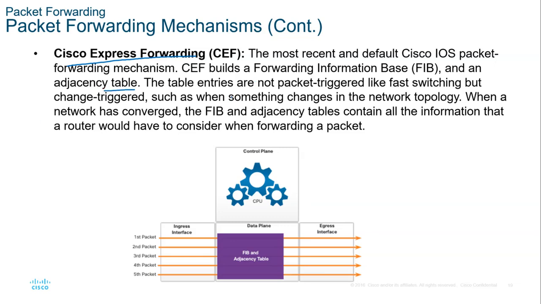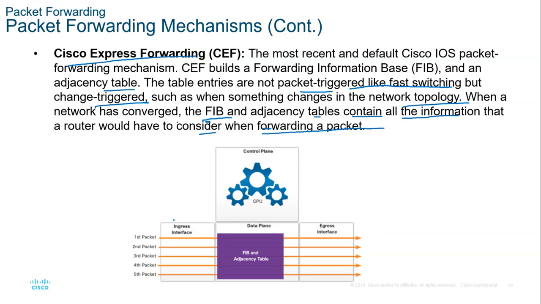The table entries are not packet-triggered like fast switching, but change-triggered, such as when something changes in the network topology. When a network has converged, the FIB and adjacency table contain all the information that the router would have to consider when forwarding a packet.